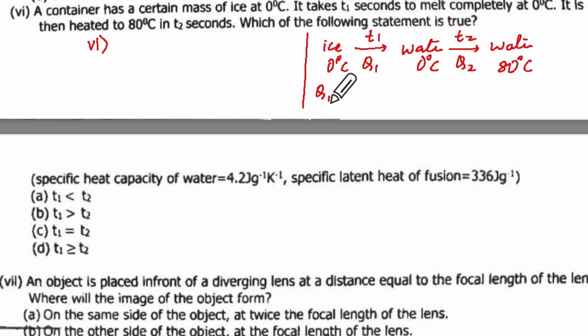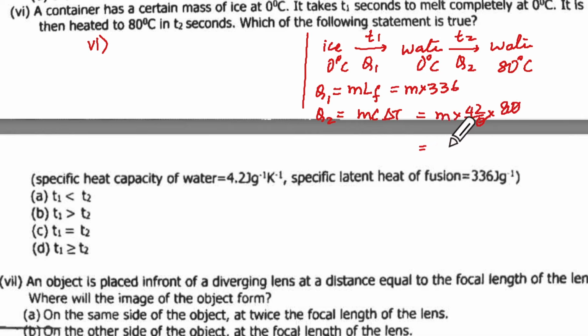How much will be your Q1? Q1 is going to be equal to m L_f, correct? Which is equal to M into 336 joules. And Q2 will be equal to m c delta T, which will be M into 4.2 multiplied by 80. So that will be M multiplied by 8 times 42, which is again 336.